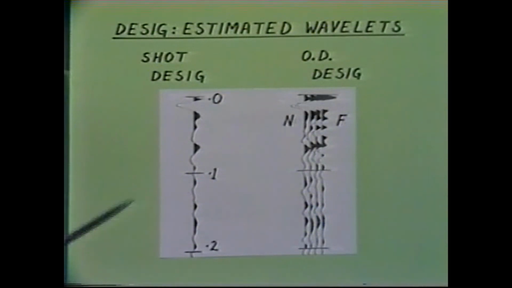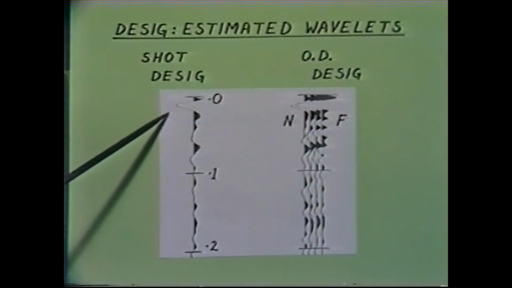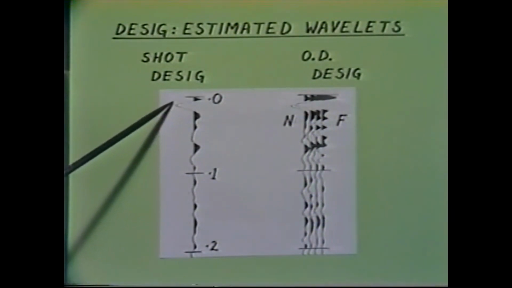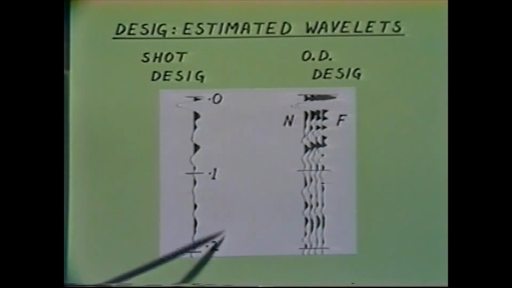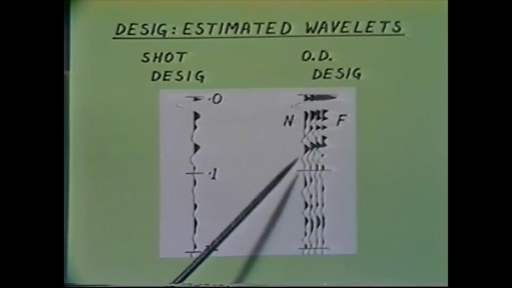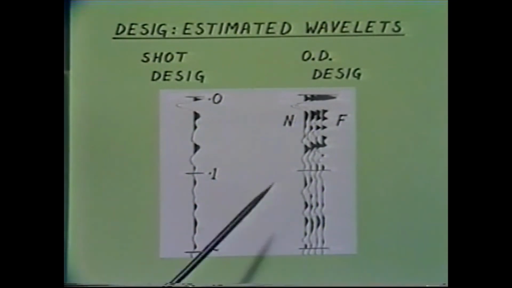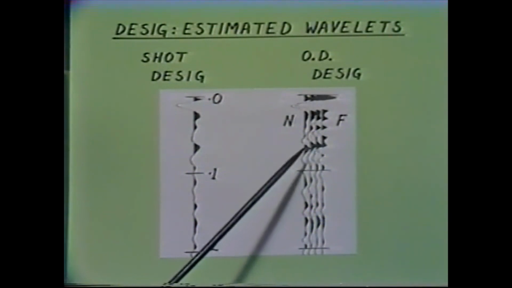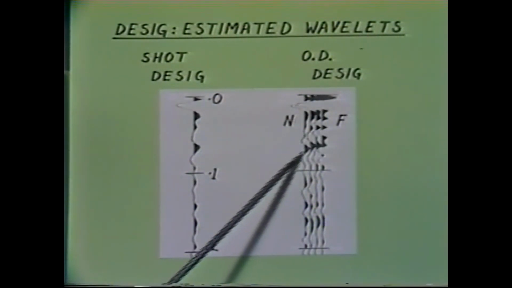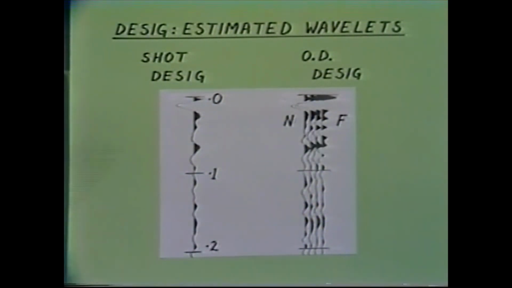We can see the need for that offset-dependent designature in this slide, showing the estimated wavelets in designature for a whole record and for 4 quarters of the record separately, as they would be seen by offset-dependent designature. And we see that there are variations in the wavelet shape across the record. And this illustrates the need for offset-dependent designature.